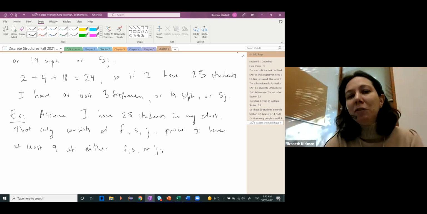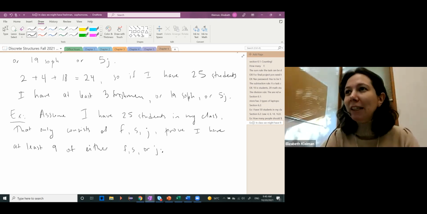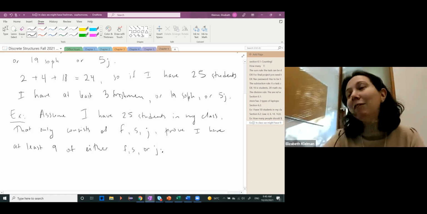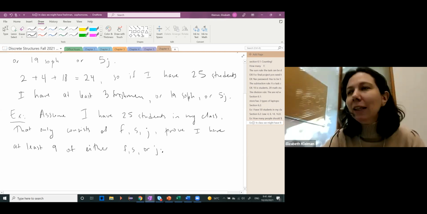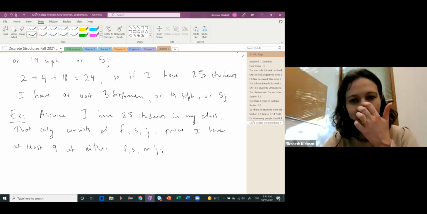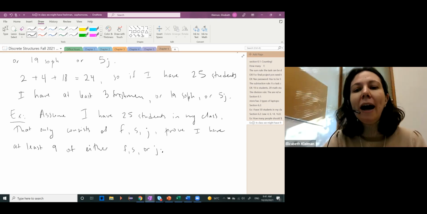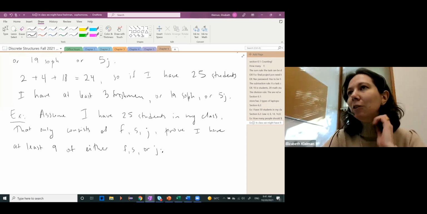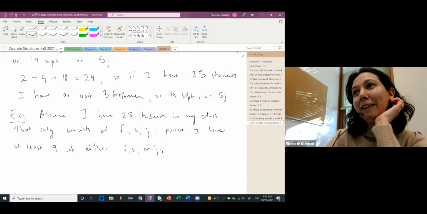Of course, this question makes much more sense than my previous one, correct? In the previous case, the question was phrased really strangely. But this one is very straightforward, correct? I'm saying I have 25 students, those are freshmen, sophomores, or juniors. I'm saying I have at least 9 of one kind. Can you prove it to me?